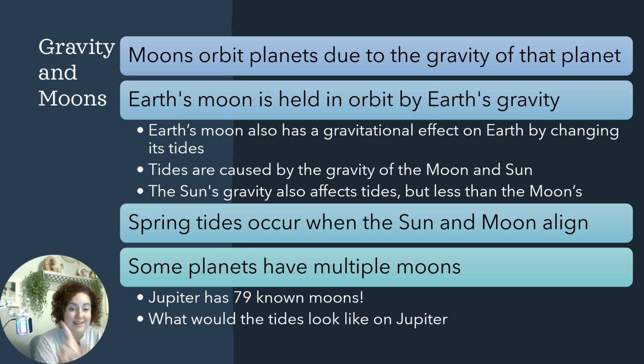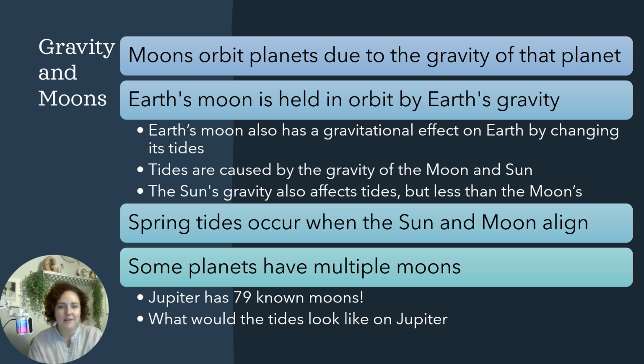But the larger the mass, the stronger the gravitational pull. So the sun is far enough away, and as large as it is, that it is trying to pull the moon away from us, but it stays where it's at because it's closer to the next largest body, and that's Earth. So our moon is held in place because of our gravity.